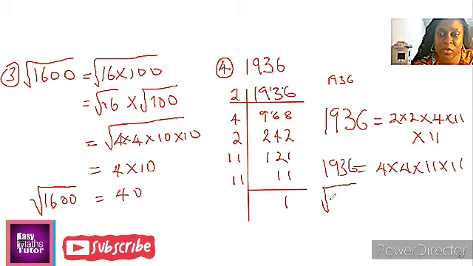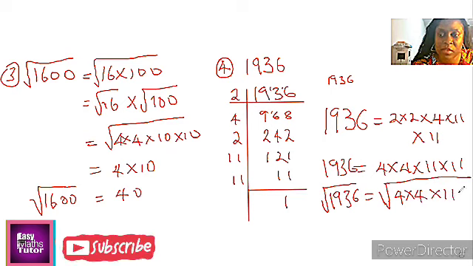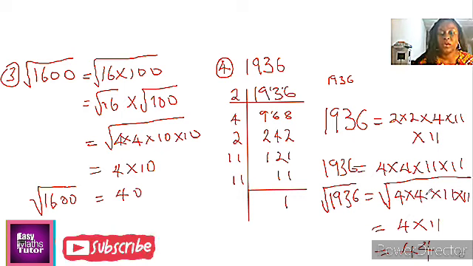So finding the square root of this number, 1936, will be eliminating one of each of the pairs. 4 times 4 times 11 times 11, which will give us 4 times 11, which will give us 44. So at this point, I've come to the end of finding the products of numbers and also finding their square roots.